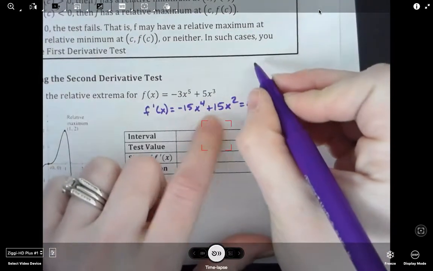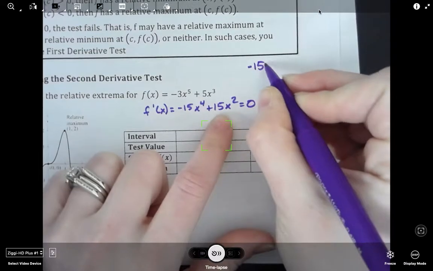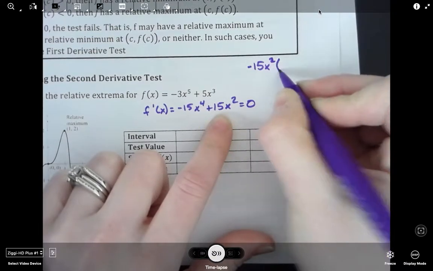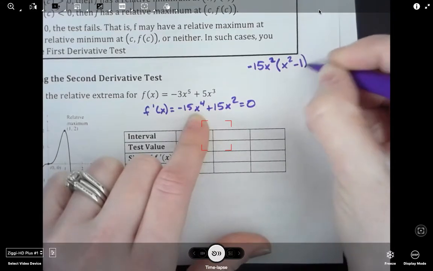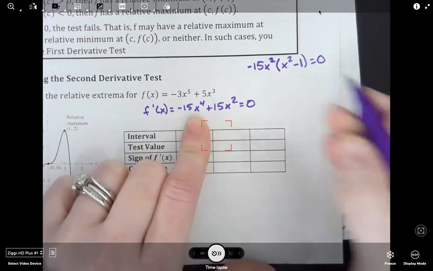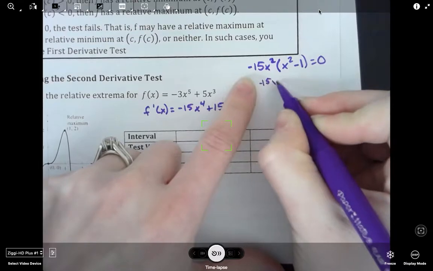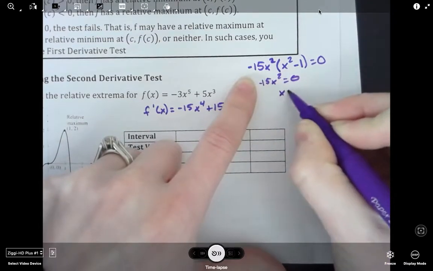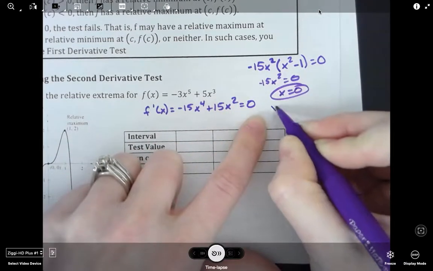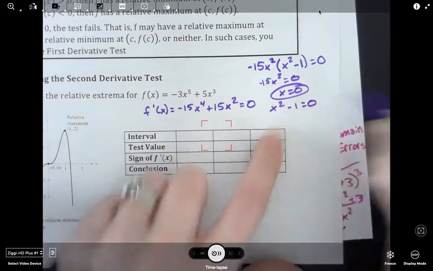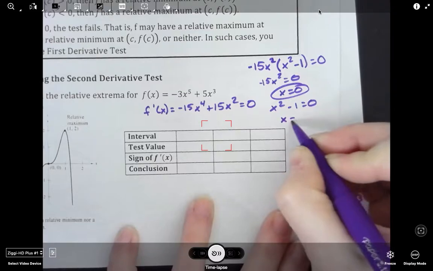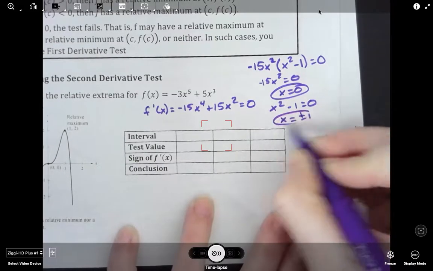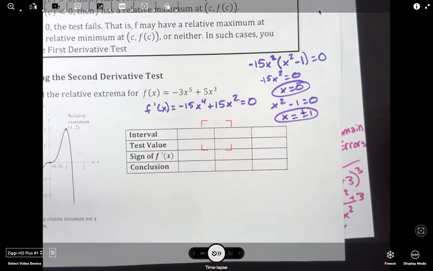So I'm going to pull out negative 15x squared, and I get left over x squared minus 1 equals 0. If I set negative 15x squared equal to 0, I get x equals 0. If you set x squared minus 1 equal to 0, you will get x equals plus and minus 1, because you add the 1 over and take the square root.